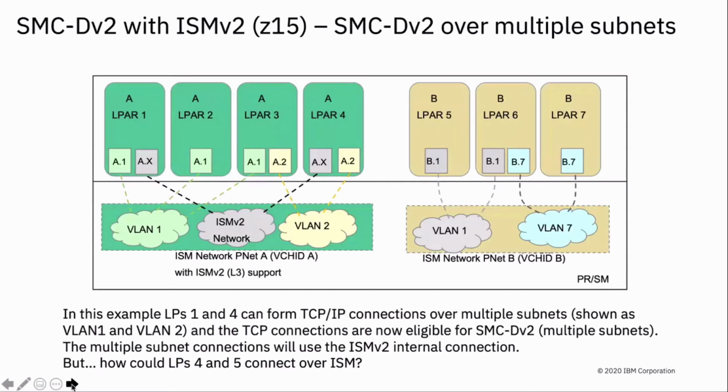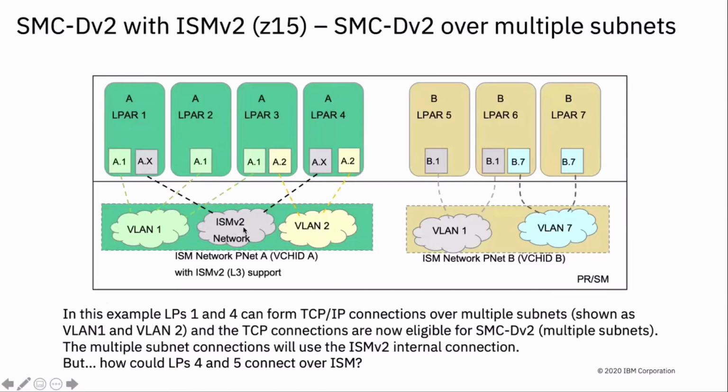So basically what this looks like in LPAR 1, it has a connection to VLAN 1 in the green. Because it's V2 enabled, it also has a connection to this X, which I'm calling here this internal connection. So if I have any eligible connections, the systems will use the pseudo layer 3 or ISM V2 connections, which is no longer associated with your layer 2 connectivity.